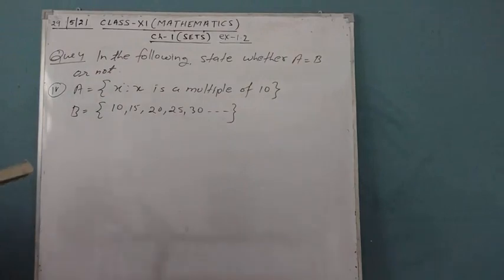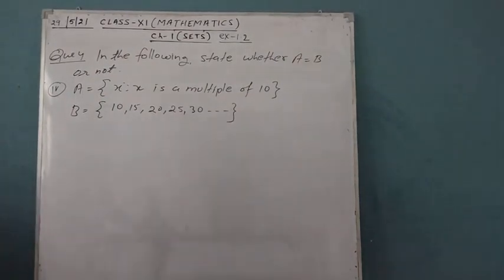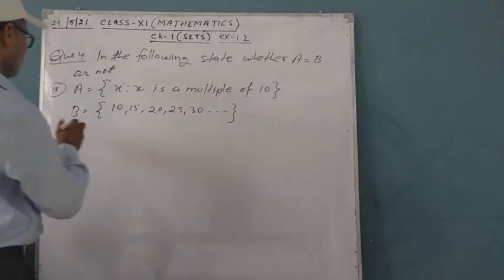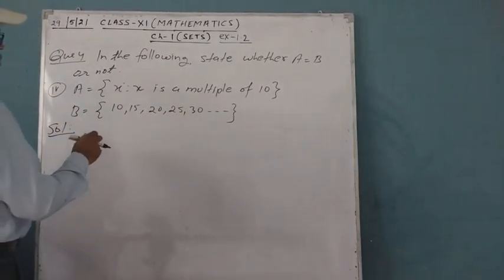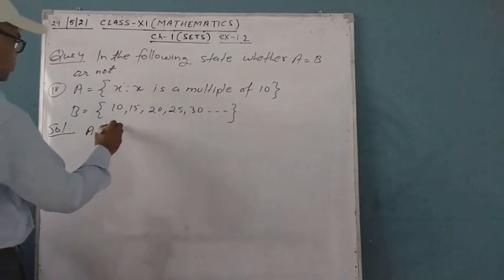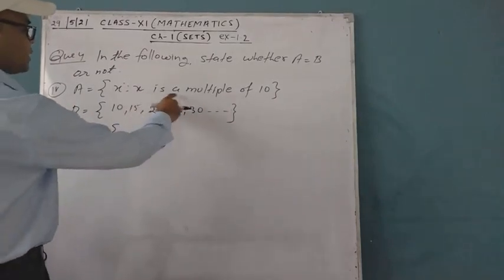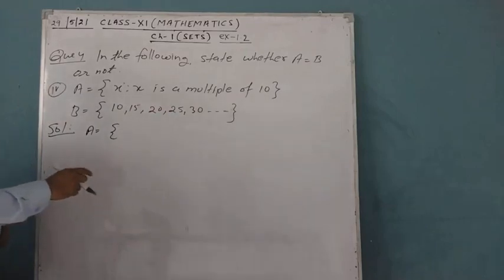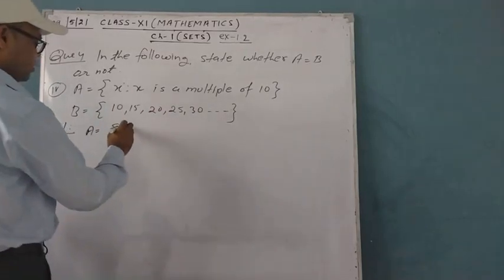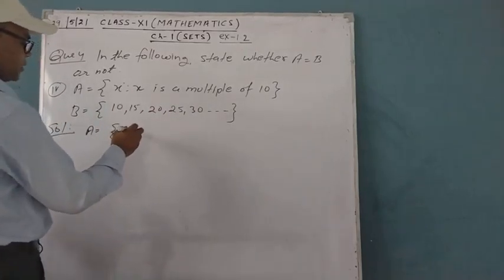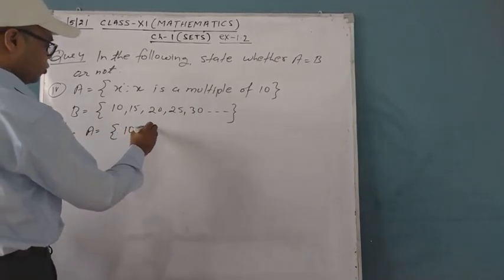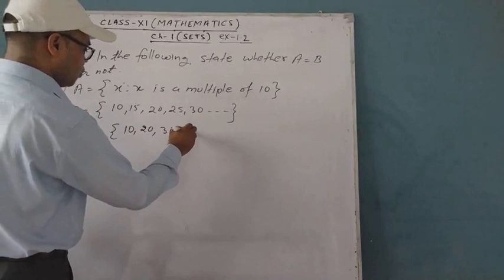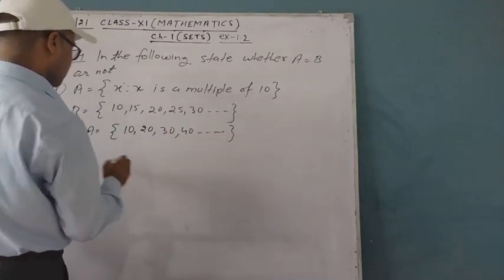Now you have to check whether set A and set B are equal or not. Set A is written in set-builder form, so first of all we will write set A in roster form. So A is equal to x such that x is a multiple of 10. That means the elements which this set contains are 10, 20, 30, 40 and so on.